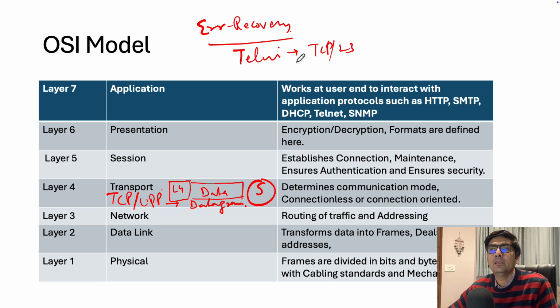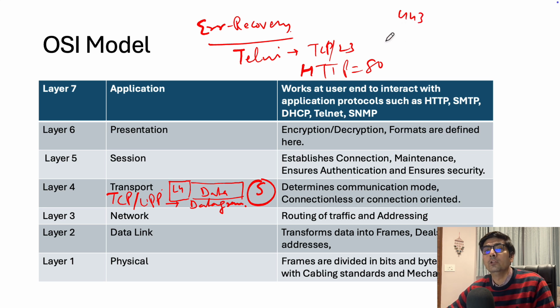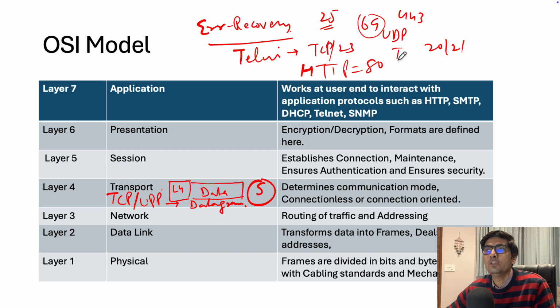So every application uses some ports at the transport layer. All right, HTTP uses 80, HTTPS 443. All of these ports should be known to you. Interviewers ask this question. SMTP 25, TFTP 69 but UDP, right? FTP port number 20 and 21, TCP and UDP both.